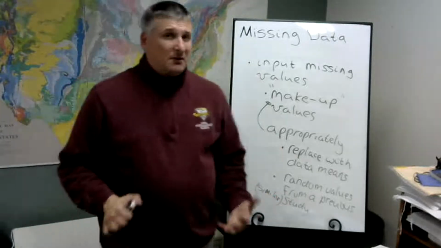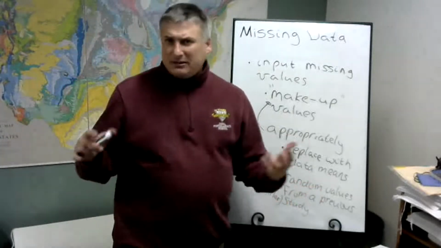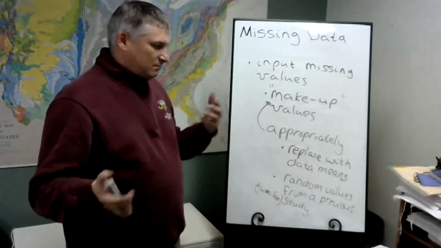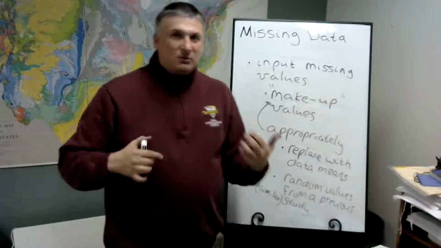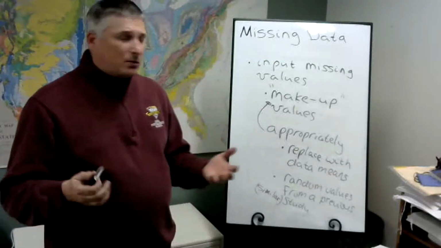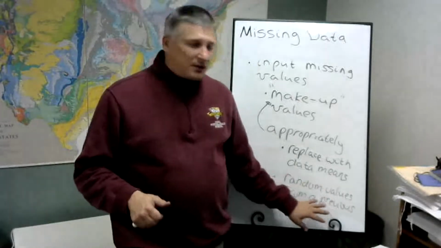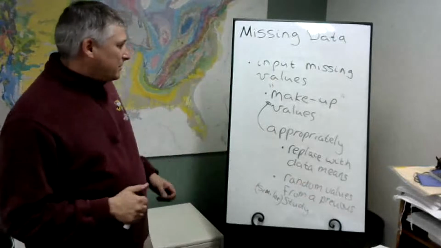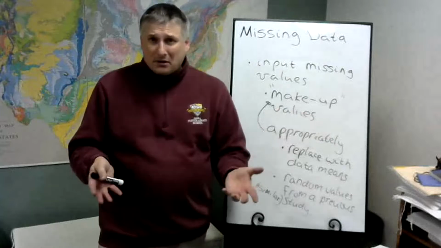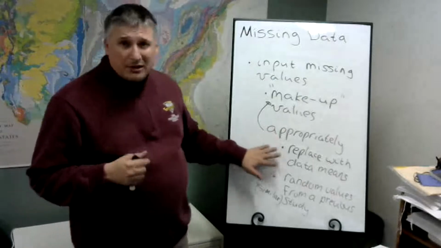So let's say someone studied this before, maybe they had a slightly different sample size, but not drastically so. You're trying to do the study again for whatever reasons, and you've got some missing values. If it seems appropriate, you could use random values from their study to fill in for the ones you're missing. Again, it seems like you're just making them up because you didn't measure. You're not putting measurements that you made in there, but appropriately, ethically, responsibly, you're going to replace those values.